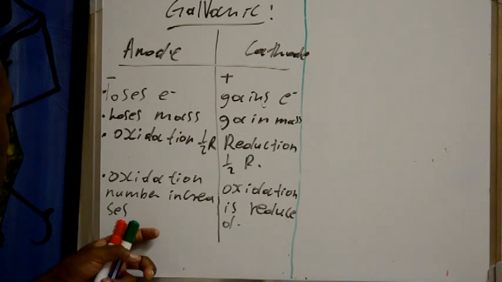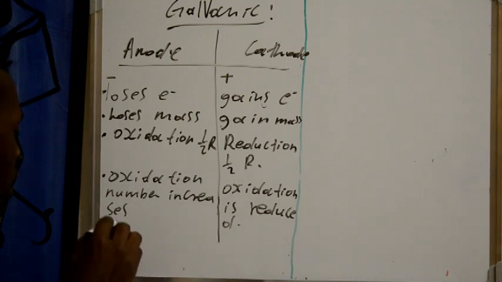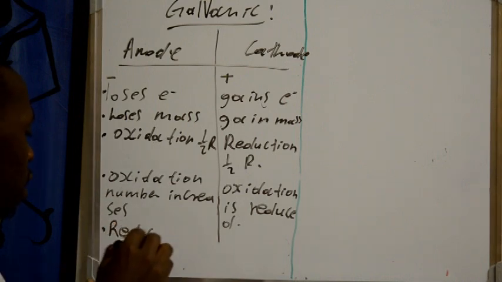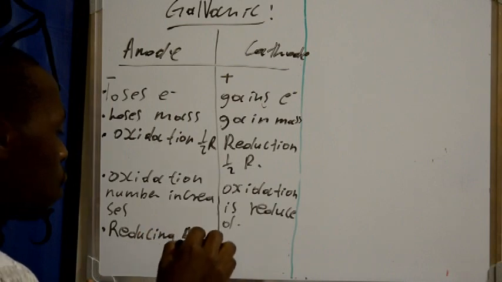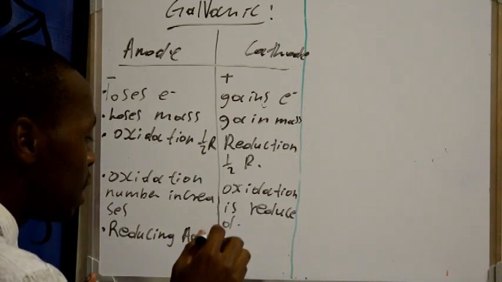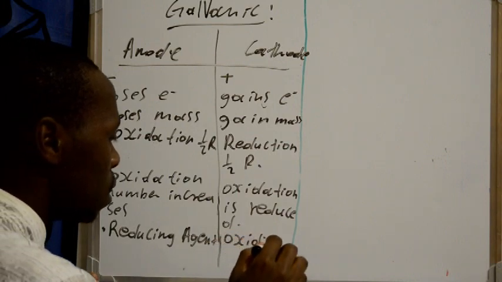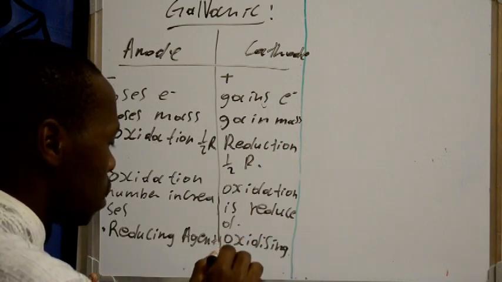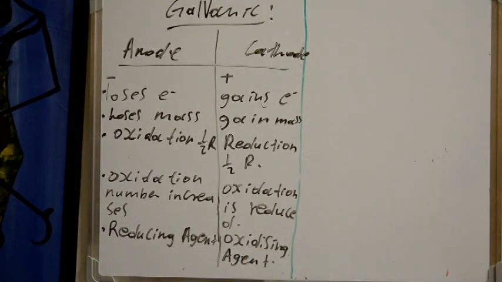We call the one that is oxidized the reducing agent. A reducing agent is oxidized, so it will appear at the anode. Then the oxidizing agent is reduced, so it appears at the cathode.